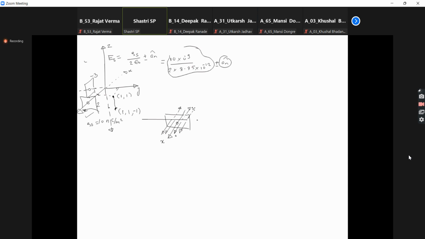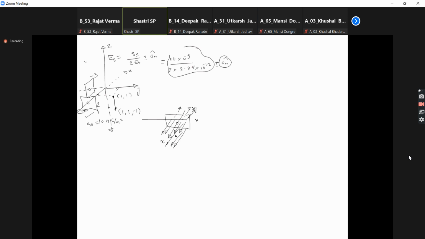So the location is somewhere here. The field is going towards the minus x direction. And if your desired location were here, the electric field would be moving in the positive x direction like this. So the location matters because the magnitude of the field is constant. Only the direction is going to change.